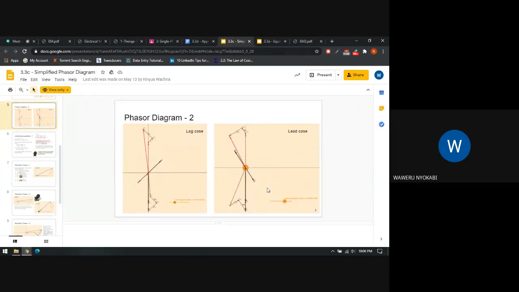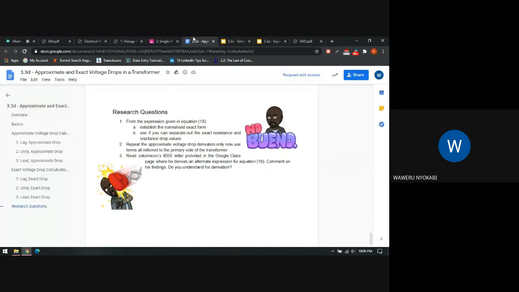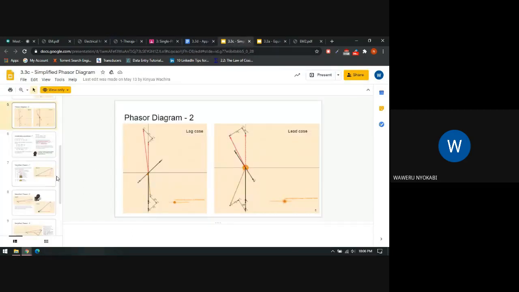In this section, there was no question. The reason why I would go through it is because I think now you may have to read for yourselves, because there's another section called approximate and exact voltage drops in a transformer.